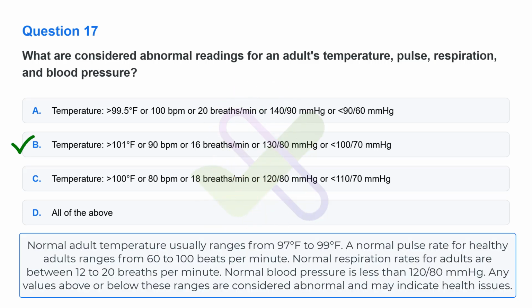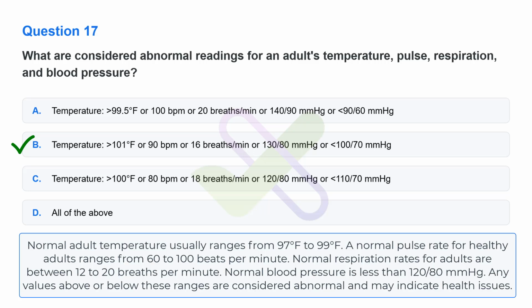The correct answer is A. Temperature greater than 99.5 degrees Fahrenheit or 100 bpm or 20 breaths/min or 140/90 mmHg or less than 90/60 millimeters of mercury. Normal adult temperature usually ranges from 97 degrees Fahrenheit to 99 degrees Fahrenheit.